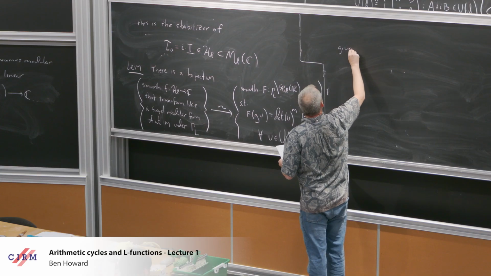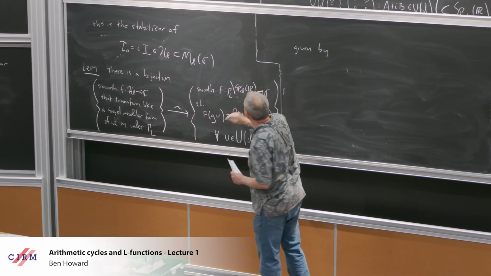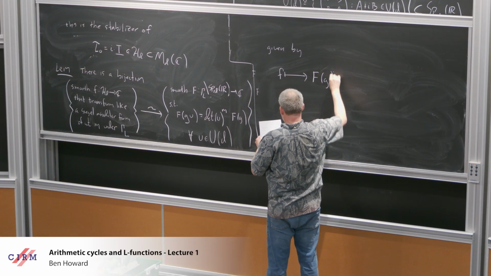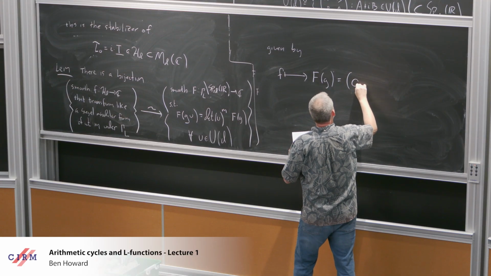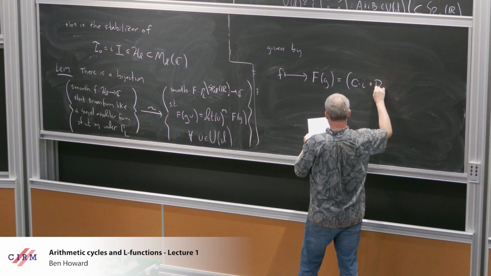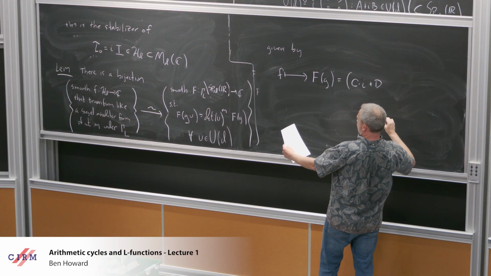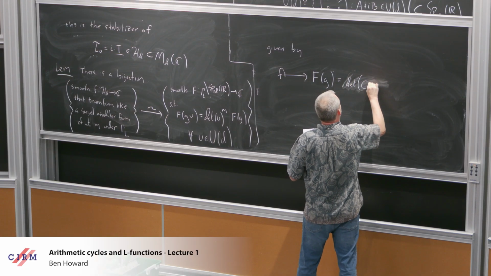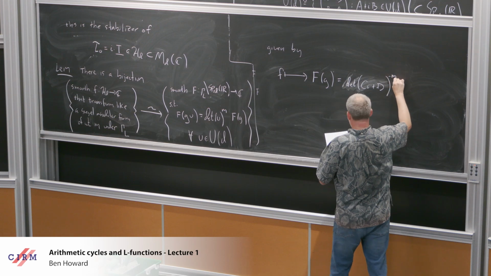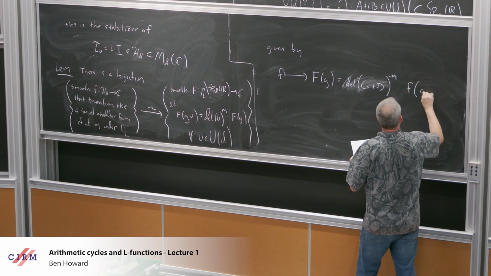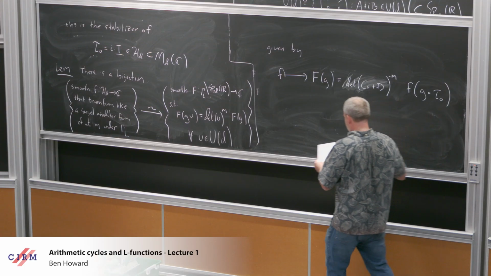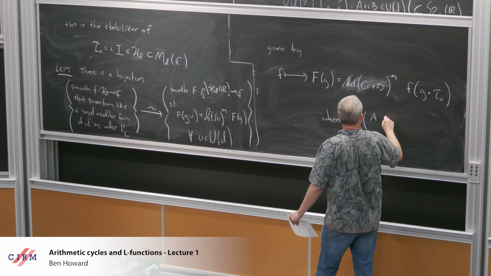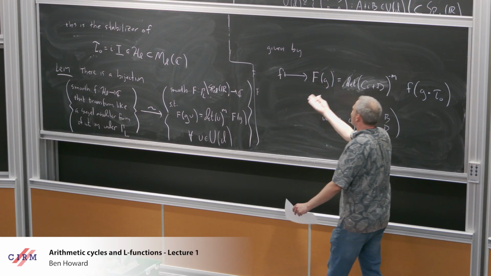So given by, you take one of these smooth functions on the Siegel half space and you send it to the function on the group, F of g equals, there's almost certainly a determinant of c i plus d to the minus m power, f of g acting on our base point tau 0, where I'm writing my element of the symplectic group as a, b, c, d. So that's the bijection.